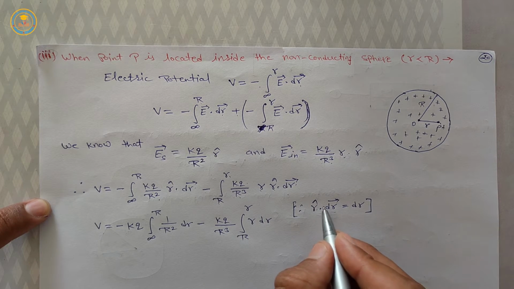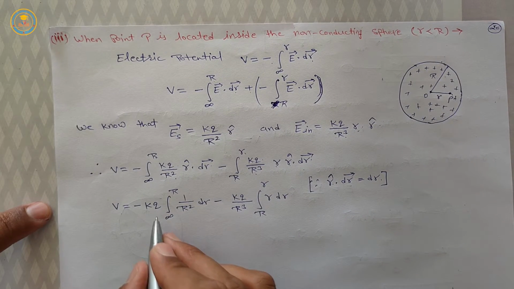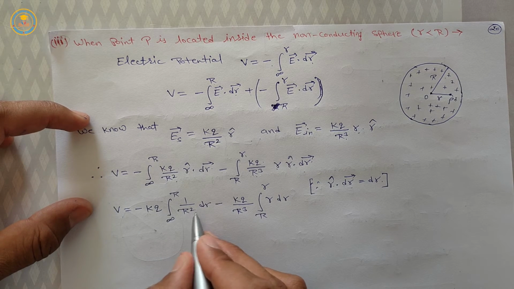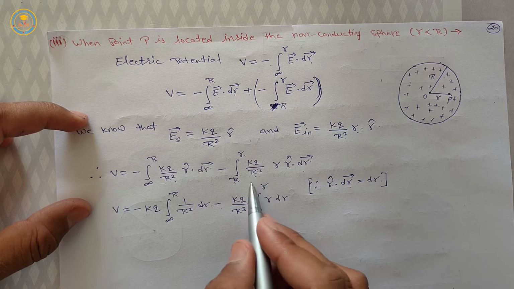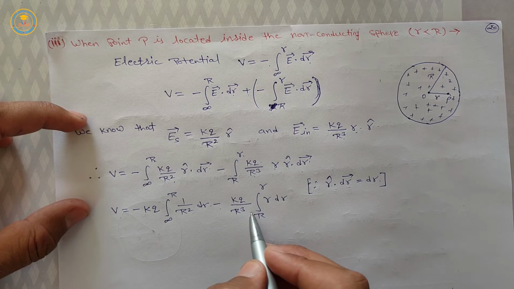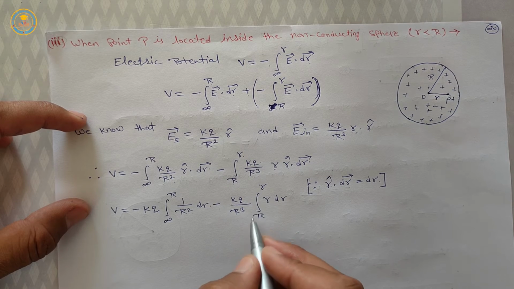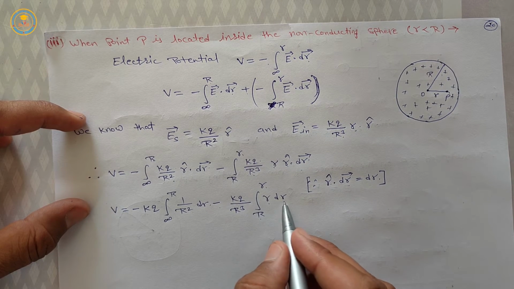The value of r cap dot dr vector is equal to dr, so V is equal to minus kq times the integral from infinity to capital R of 1 upon r square dr, minus kq upon R cube, which is a constant quantity, taken outside this integral from capital R to small r of r dr.